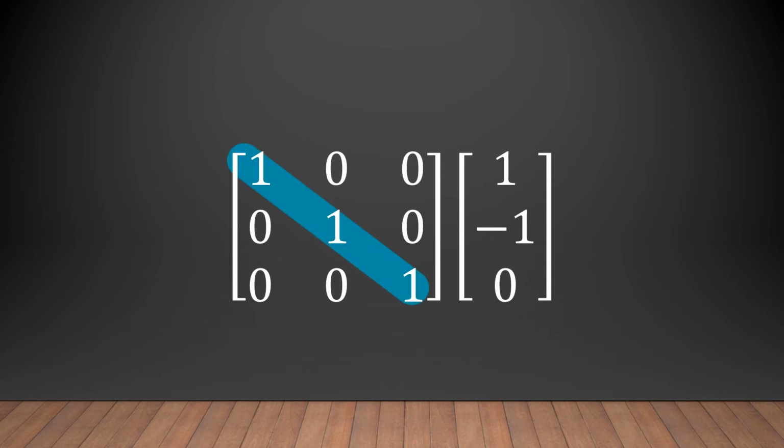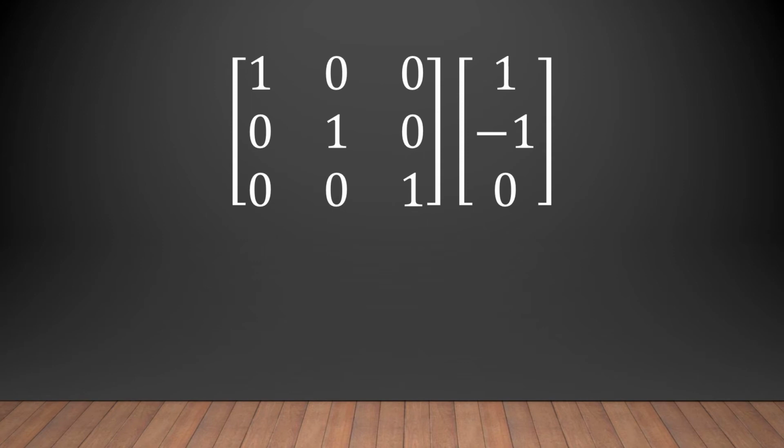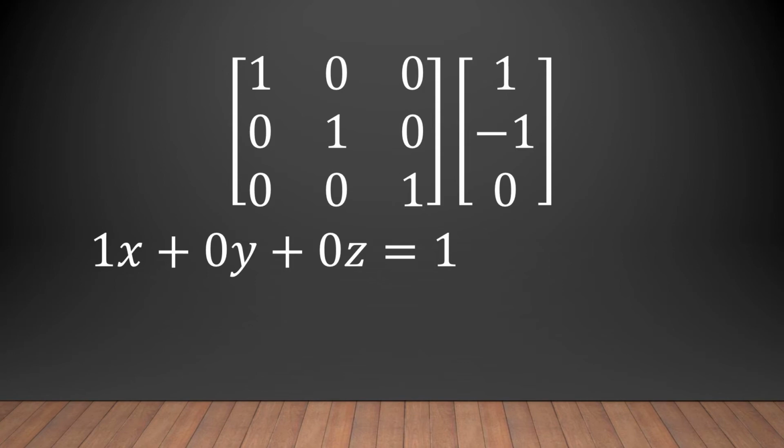So there's our diagonal. Notice everything else is 0. And there are our answers. Now, remember that I said that when we got to that third row, the answer for z was equal to 0.